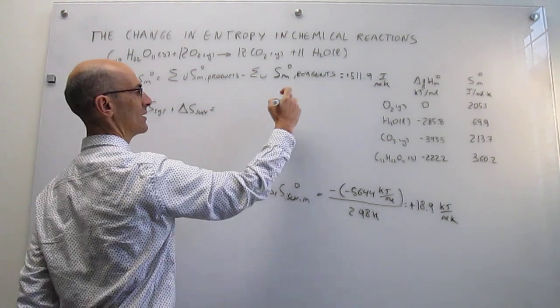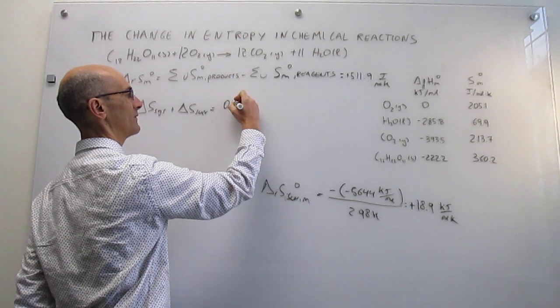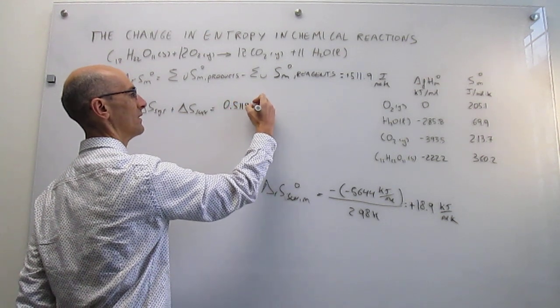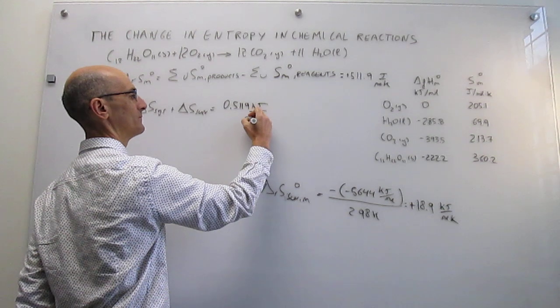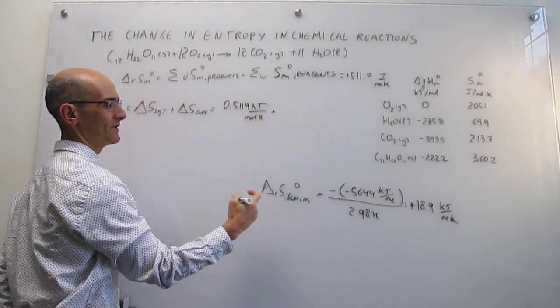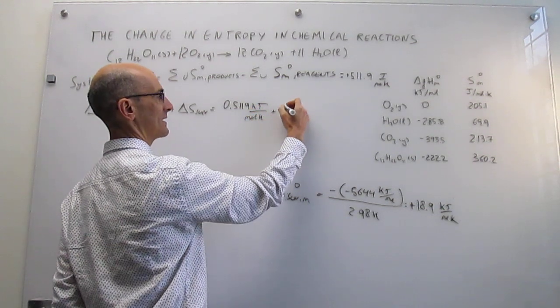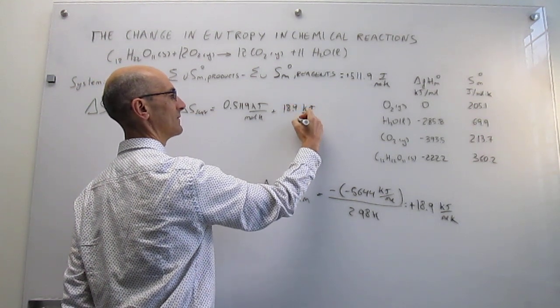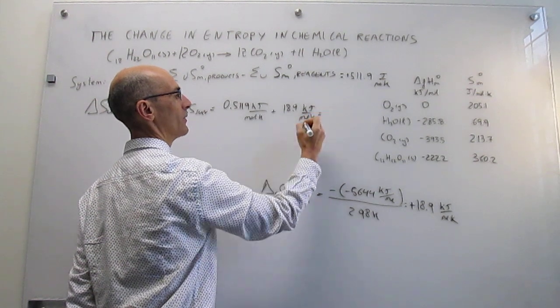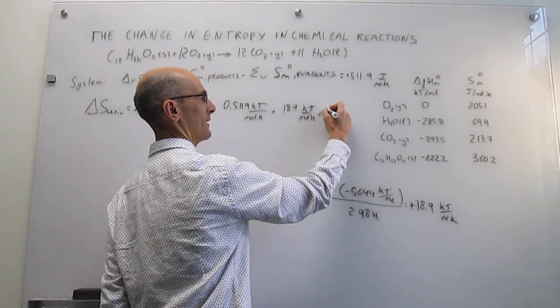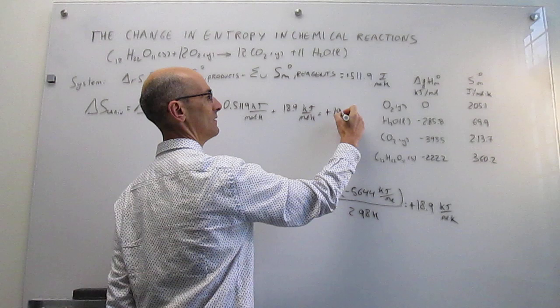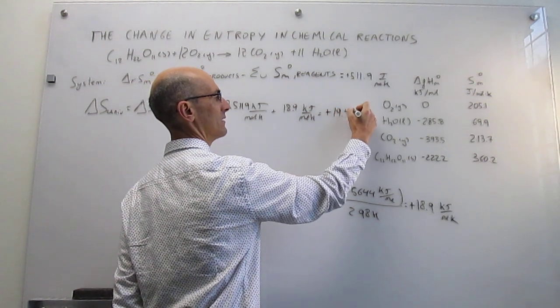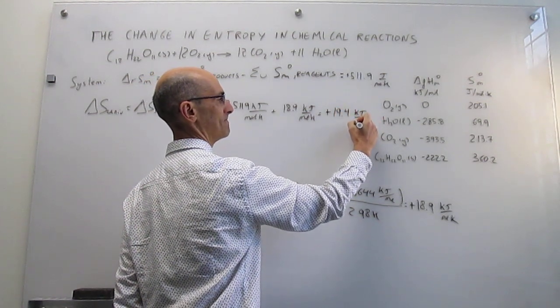I'm going to change that to kilojoules per mole Kelvin, so that will be 0.5119 kilojoules per mole Kelvin. And then the change in entropy in the surroundings, so plus 18.9 kilojoules per mole Kelvin. What I find here is a result of plus 19.4 kilojoules per mole Kelvin.